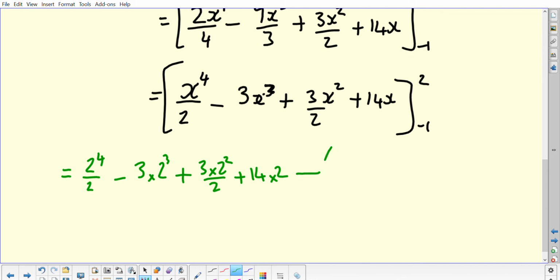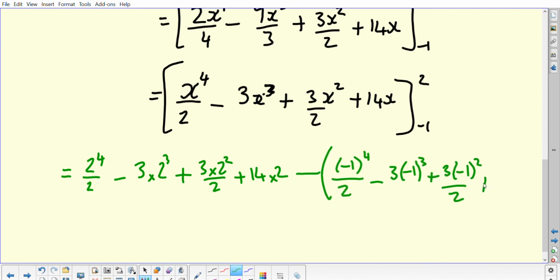So take away, and I'm going to use brackets here, and I'm also going to use brackets around my negative numbers: -1 to the power 4 over 2, minus 3 times -1 cubed, plus 3 times -1 squared over 2, and then plus 14 times -1, and that's all in brackets.